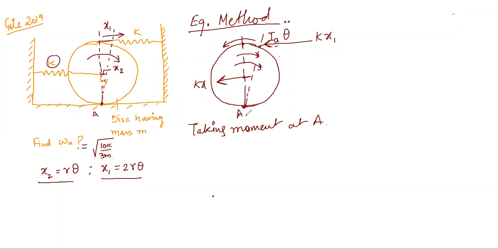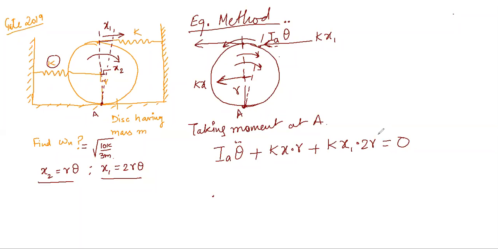IA theta double dot is one moment, acting anti-clockwise, plus the force kx2 into r, plus the upper force, also acting toward the left, with value k x1 into 2r, where 2r is the distance, the diameter of the disk. As per D'Alembert, this equation should be equal to 0.